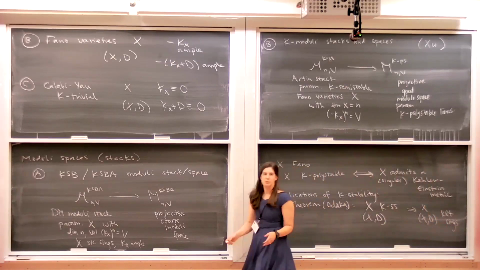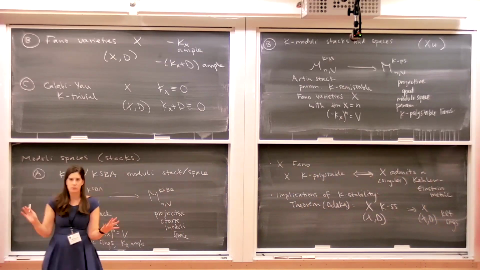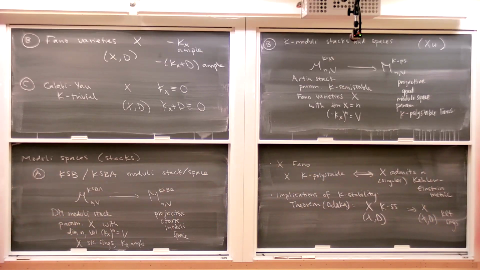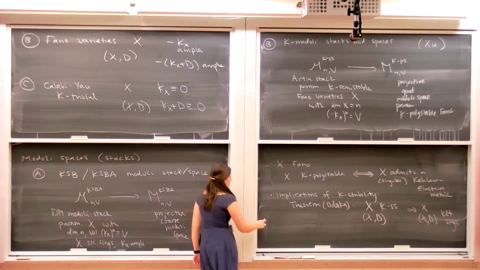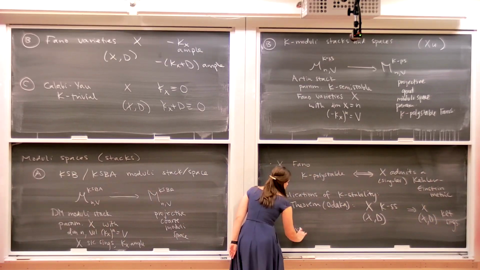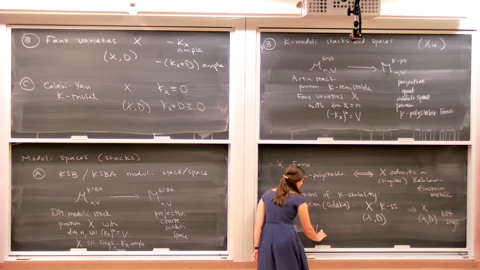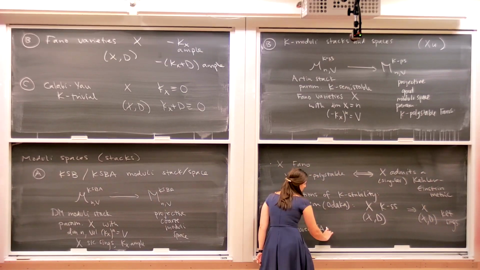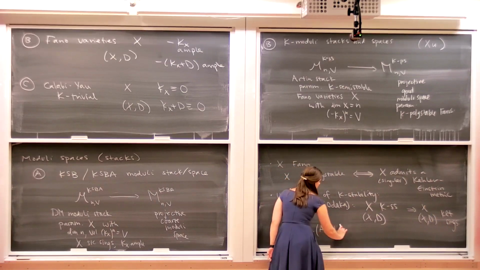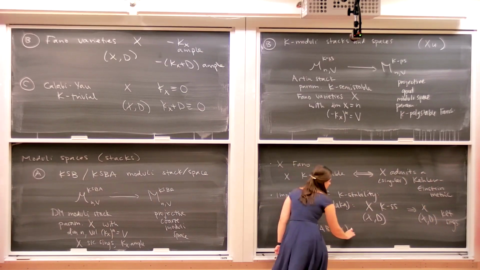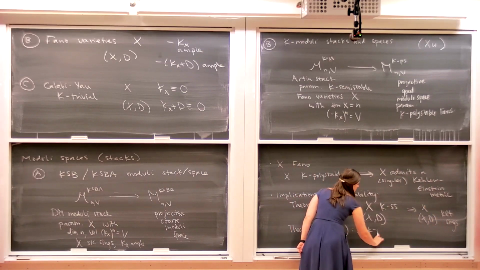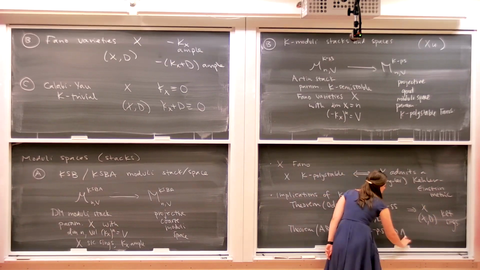So in particular, the spaces that are parameterized here are all normal. You don't have slc where you have many components glued together. All of the objects parameterized here are normal. Also a theorem due to many people, Alper, Blum, Halpern-Leistner, and Xu, that if X is K-polystable, then the automorphism group of X is reductive.